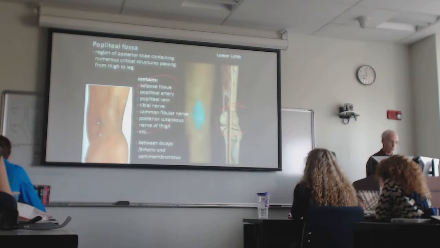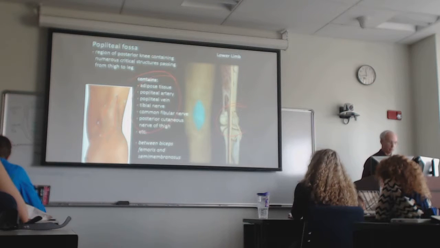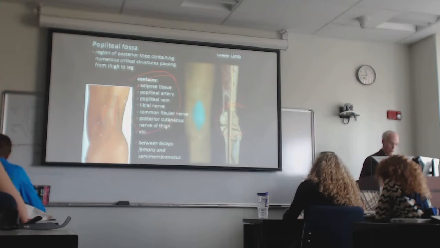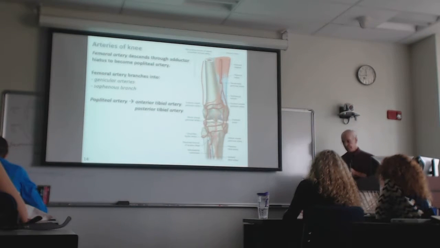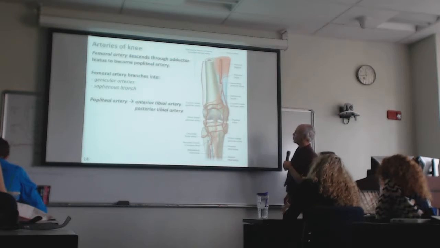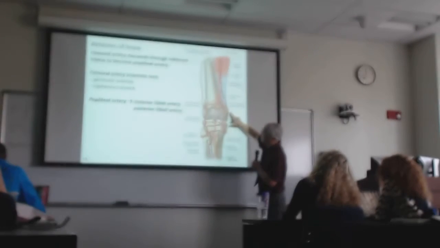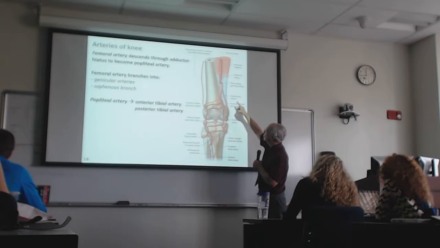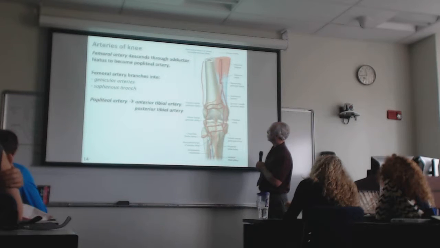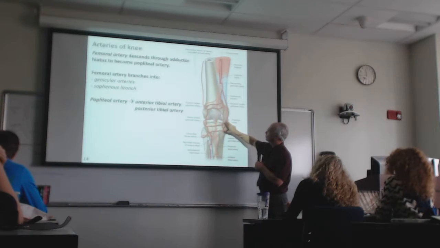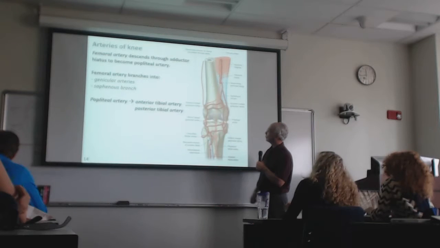So all of these structures are going to be contained within that small little opening that you see there between the biceps femoris and the semitendinosus and semimembranosus tendons. In addition, as the popliteal artery approaches the popliteal fossa back here, both the femoral and the popliteal give rise to branches, and you can see the extensive, interstate highway cloverleaf arrangement of vessels extending around the circumference of the knee.